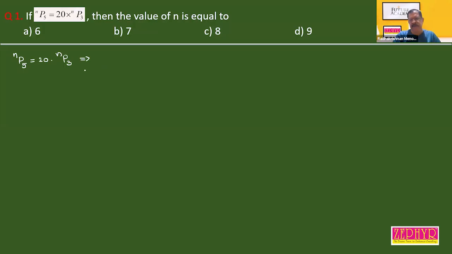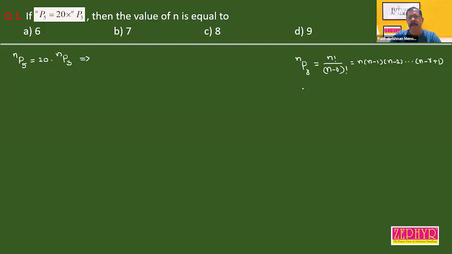Which implies nP5. What is the formula for nPr? Now, you know the formula for nPr. nPr is equal to n factorial divided by n minus r factorial. Or this is equal to n into n minus 1 into n minus 2 into etc. n minus r plus 1.